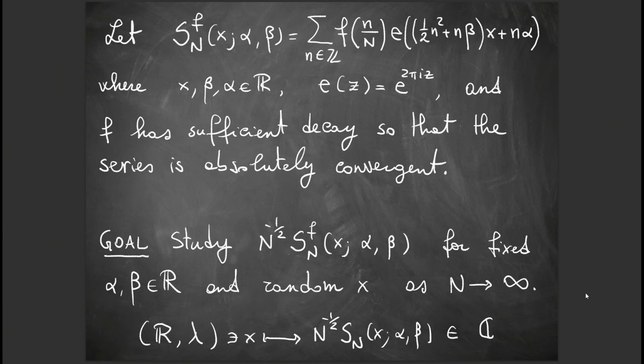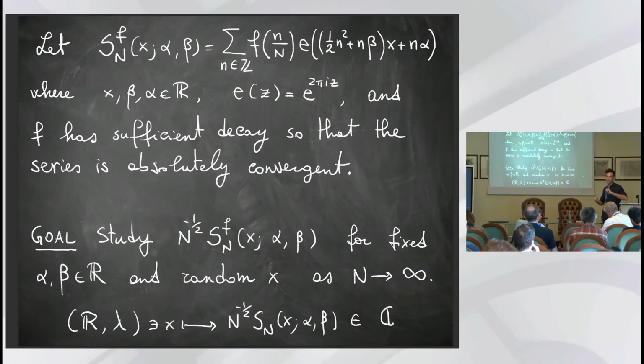Also, if you study gap distribution between quadratic expressions like these, like in the talk by Jens Marklof, if you look at all possible differences of all possible pairs of quadratic expressions, and then you look at the empirical measure on all the possible gaps, and then you take the Fourier transform of that, you get something related to these exponential sums. So these exponential sums appear naturally in a lot of dynamical, number theoretical, and mathematical physical contexts.